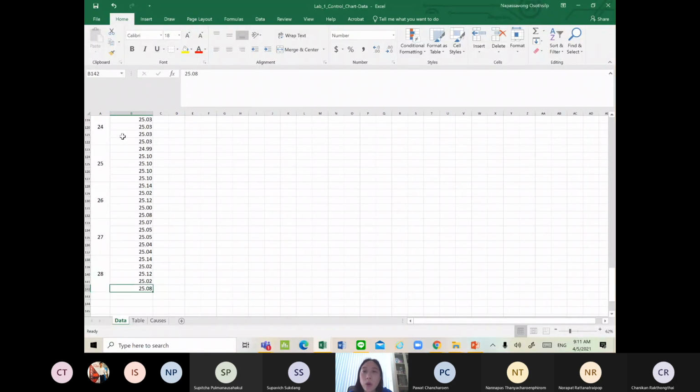And then we are ready to construct the control charts. So you will copy the data onto Minitab, and then you can start to use the module called control charts to plot the charts.